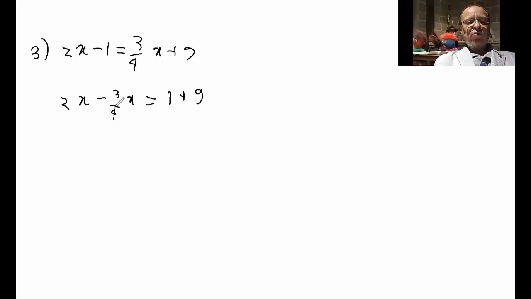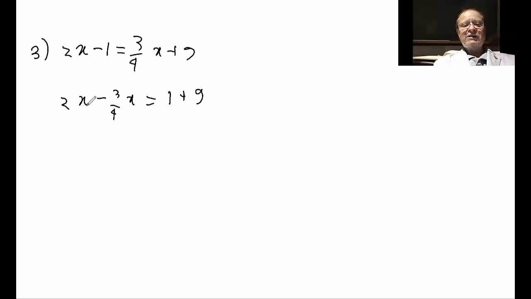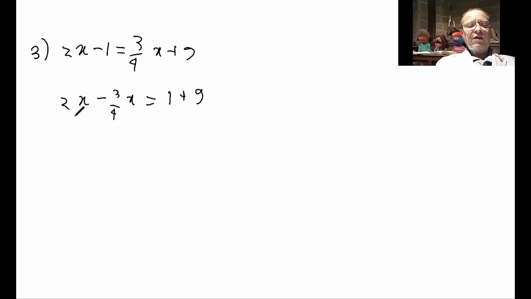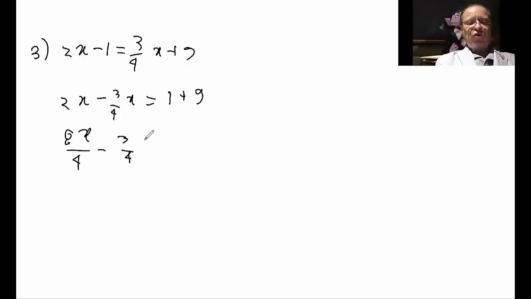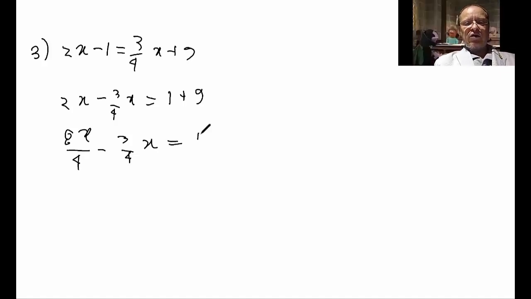So what we can do is combine the x's, and that's one way of looking at it. If you know the denominator to put there, we could say that 8x over 4 minus 3 over 4x is equal to 10.